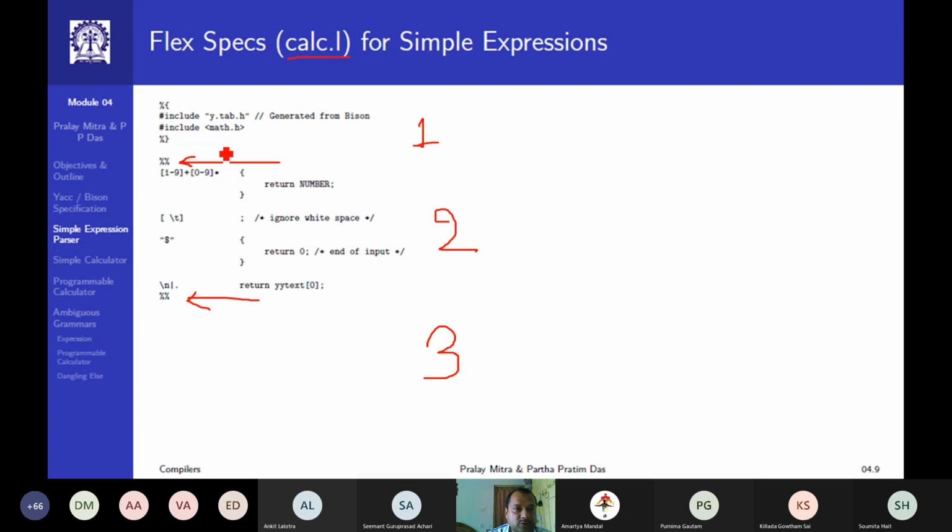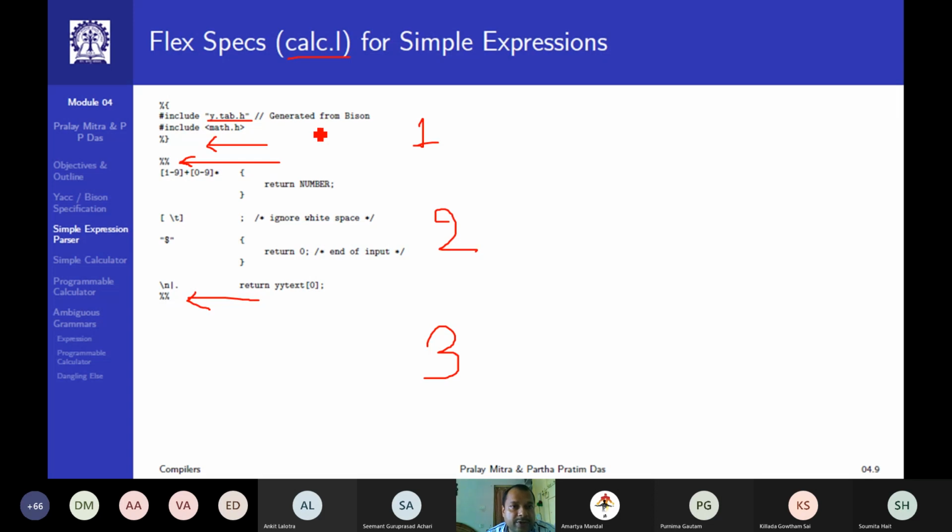Previously we used to write the patterns in section 1 along with some C functions. Now here we include y.tab.h. This y.tab.h is a header file. It will be generated by the Bison program. If you remember the flow of Flex and Bison in order to generate an a.out, I will show you today also one such diagram, the same diagram actually.